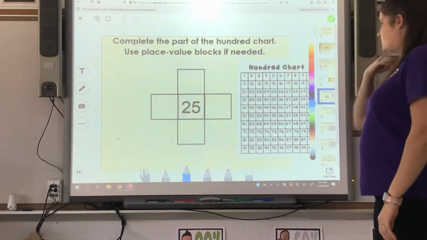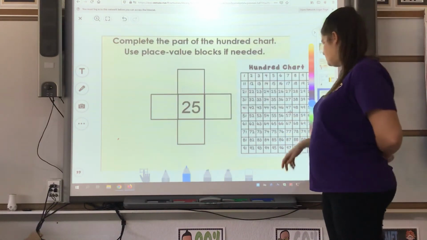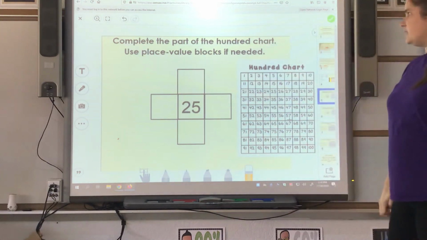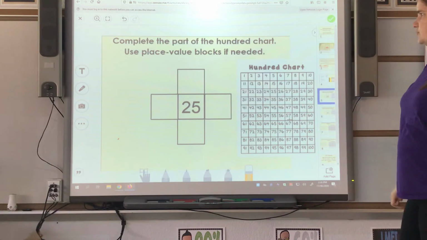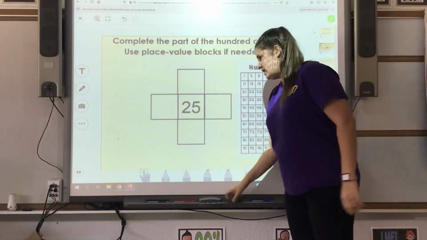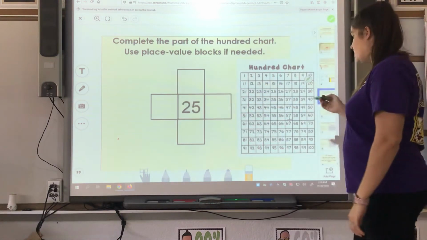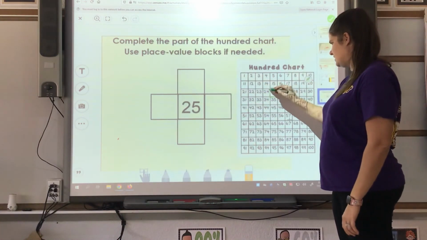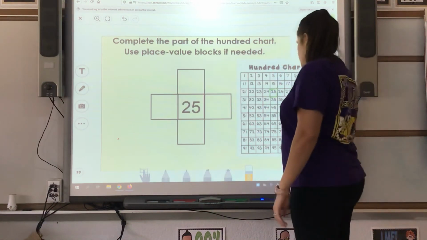The first example we're going to do together, let me see if I can move. There we go. Complete the part of the hundredths chart, use place value blocks if needed. So when I use a hundredths chart to do this, I like to put my plus sign around the number so that I can see exactly what I need to do.